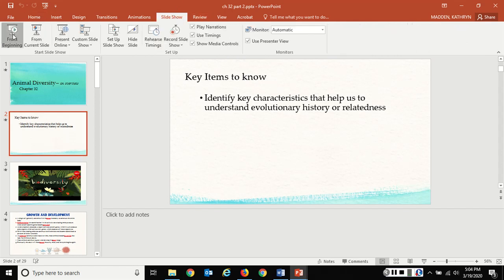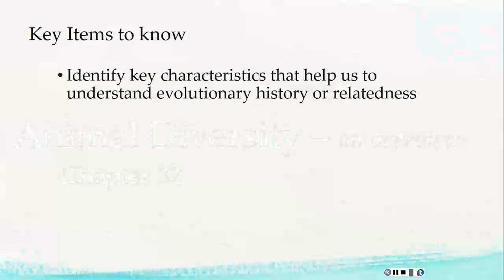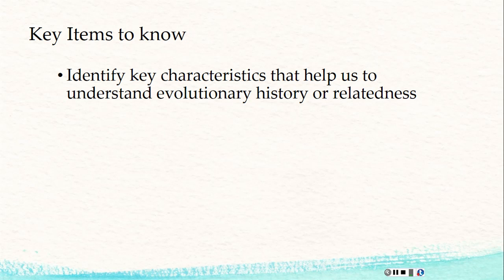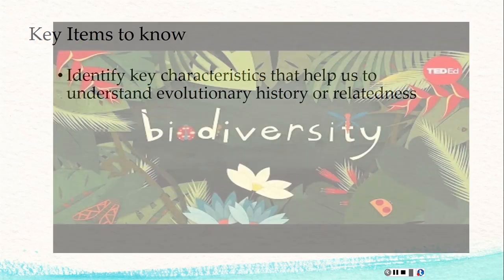So, move forward. Okay, so key item to remember here, again, we're just going to give a brief overview of key evolutionary history or relatedness characteristics. So then we can dig into our different animal phyla, tackling them one phylum at a time in our future studies together.